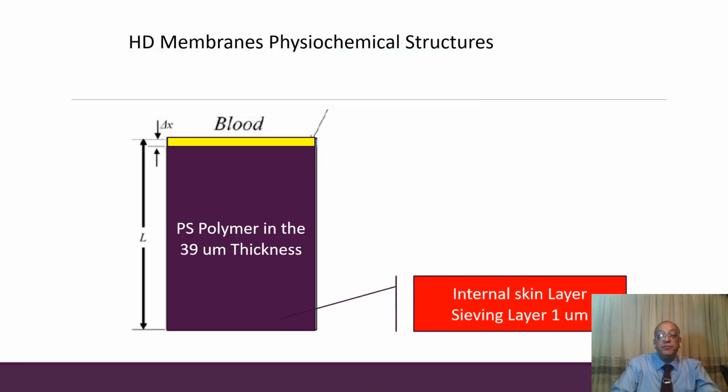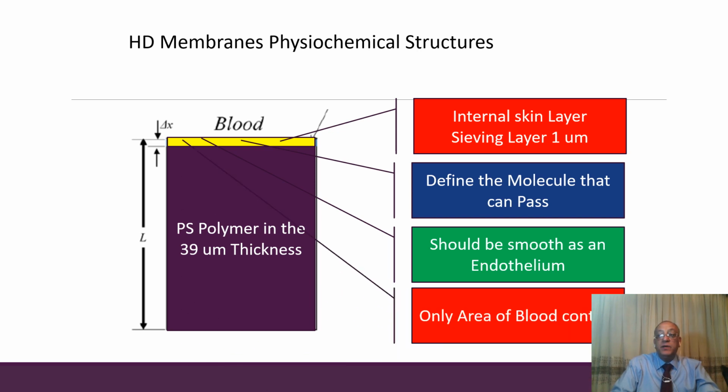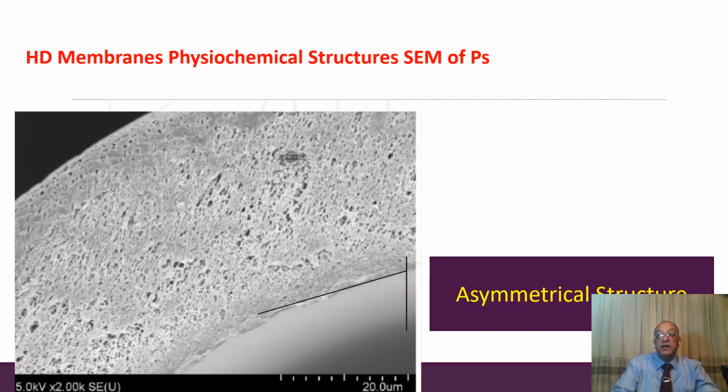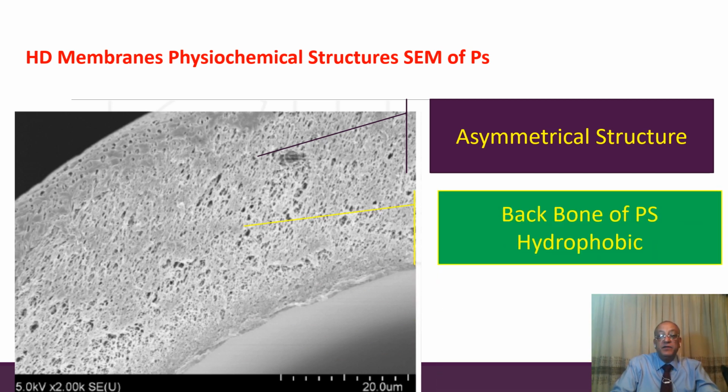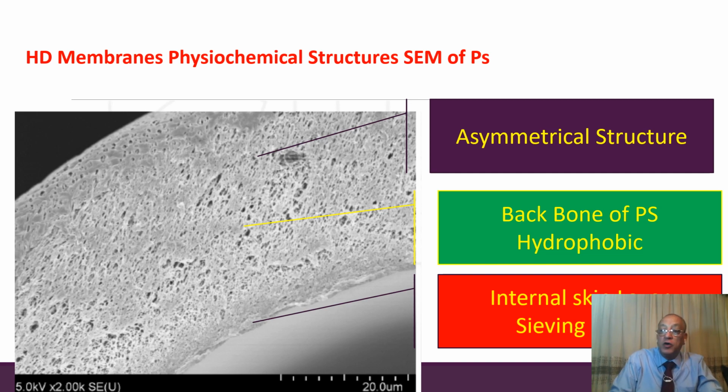So dialysis membranes are composed of a polymer, and the polymer could be polysulfone, polyether sulfone, or polyamide, but all of them have a layer called polyvinylpyrrolidone or PVP, which is the hydrophilic part. The dialysis membrane is asymmetrical, meaning that its inner layer has smaller pores compared to the outer, with a backbone of polysulfone, polyether sulfone, or polyamide.